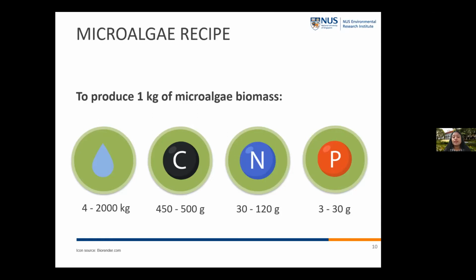Both of these are part of fertilizer. So if we start using these synthetic ingredients to cultivate microalgae, we would be directly competing with the agricultural fertilizer demand. So this gives you a picture of how securing raw materials to grow microalgae is an issue, and that's one of the many reasons why microalgae is not widely cultivated so far.